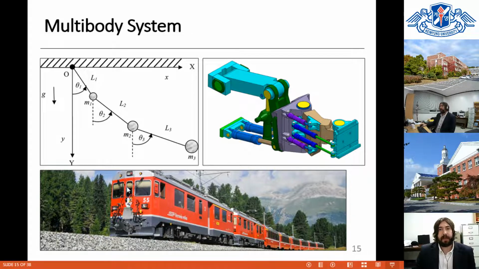Here it's a train, and a train can also be considered a multi-body system because it consists of cars which are attached to each other. As you see here, there are some links, or in the human body we call them bones, which are attached to each other using joints. They are connected at these points.